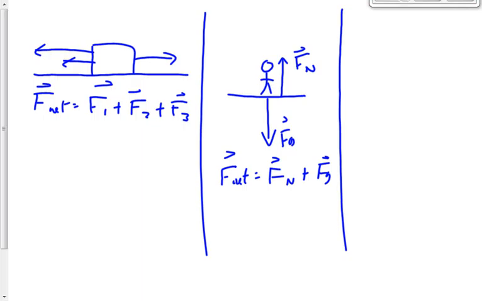Because the force of gravity is bigger? Okay, if the force of gravity is bigger, then which way is he accelerating? Yeah. If the downward force is bigger, then he's going to accelerate in the downward direction. If the normal force is bigger, he'd accelerate in the upward direction, right?